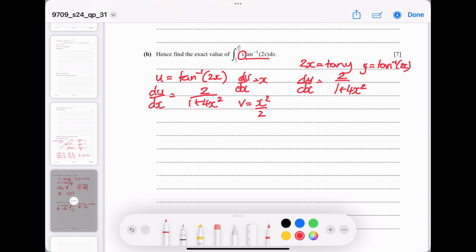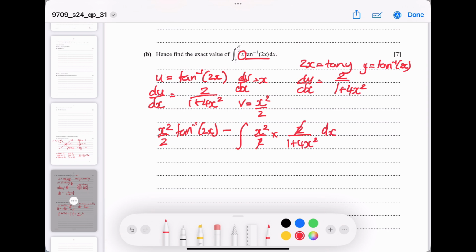So I'm now going to use the integration by parts formula. As we may or may not recall, that would give me uv. So we've got x squared over 2 tan to the minus 1 2x minus the integral of x squared over 2 multiplied by 2 over 1 plus 4x squared dx.